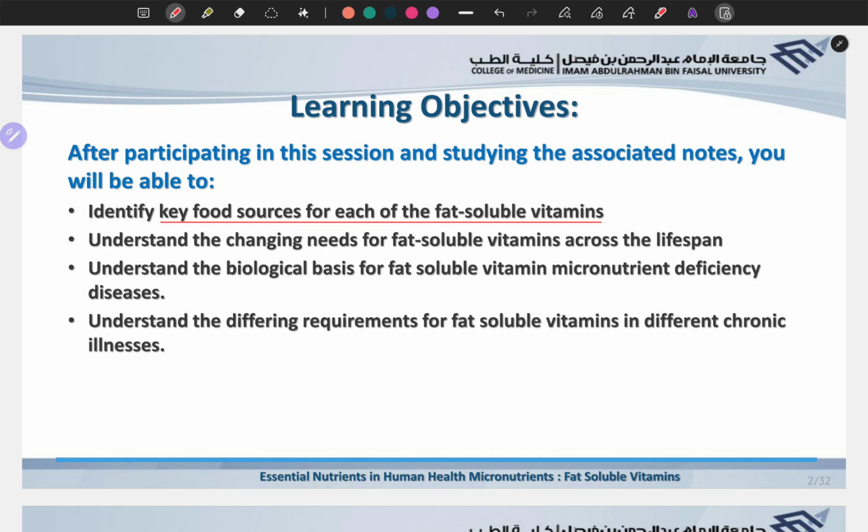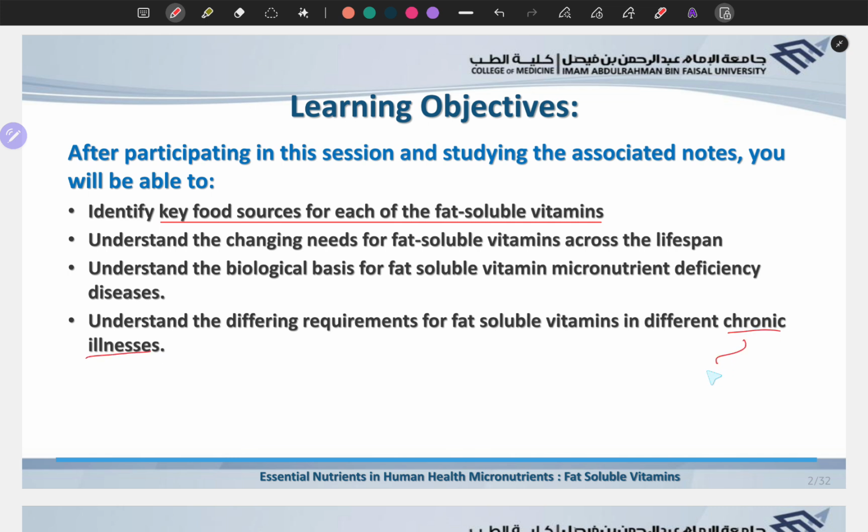What percentage does that particular food packet cover? Is it clear? So there are 2 doses. One is the recommended daily allowance, and one is the therapeutic dose, the dose which you give for treatment. Recommended daily allowance is for the normal healthy person, not for any disease conditions. But the therapeutic dose is for any disease condition. Is it clear? So you should be familiar with the differing requirements of the fat soluble vitamins in different chronic illnesses. Whenever it is illness, it is the therapeutic dose, not the recommended dose.